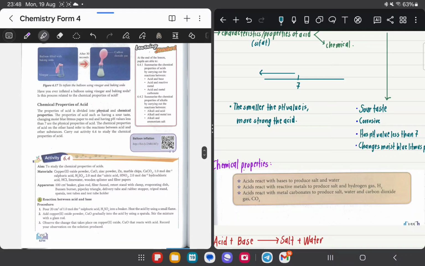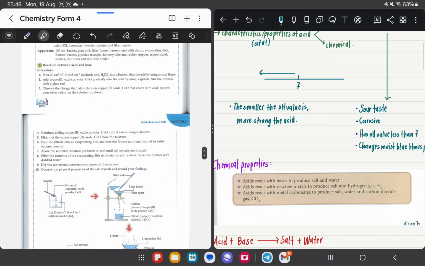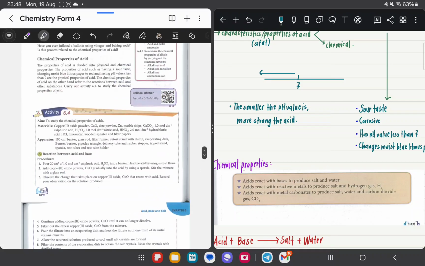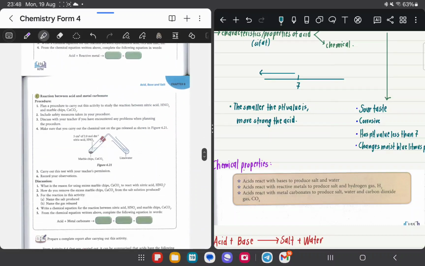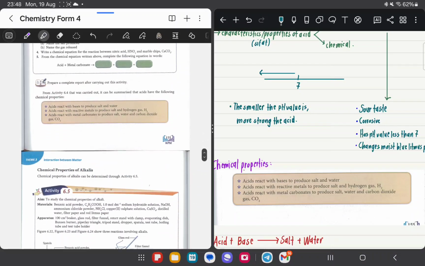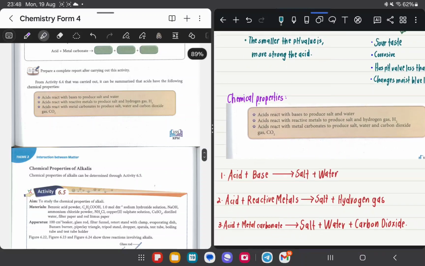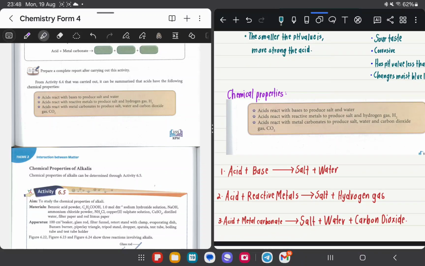I'm going to terang about the experiment, explain about the experiment, so you can read it first, then we will meet about this in the next video. But I want to jump to here straight away. If anyone asks you chemical properties of acid, just now we talked about the physical properties.